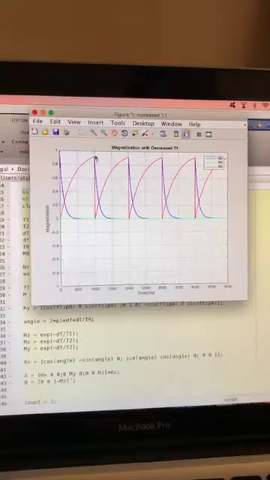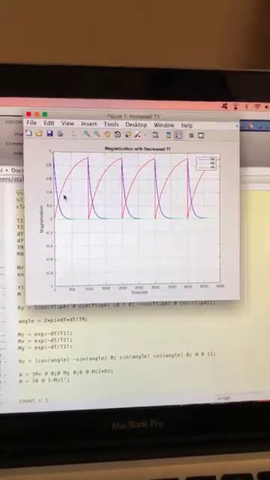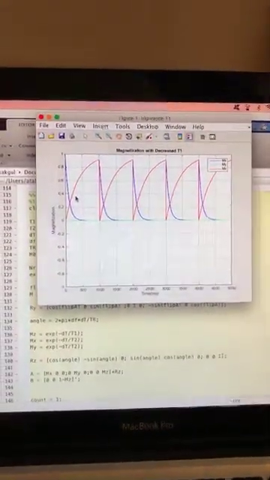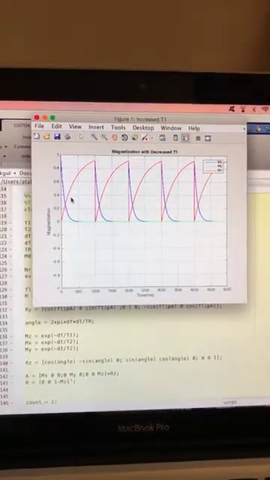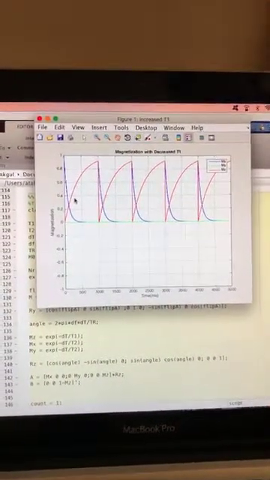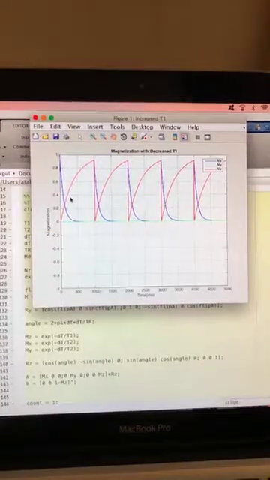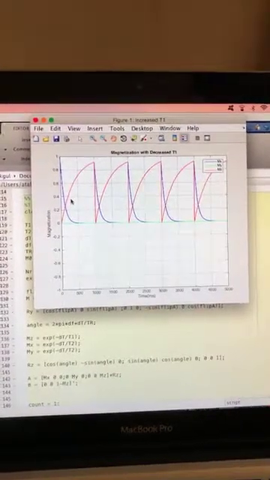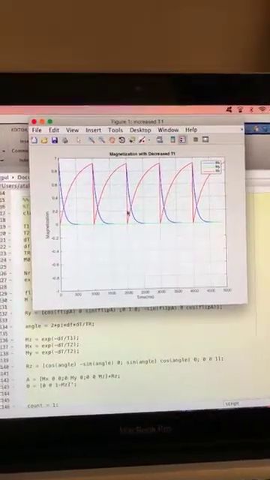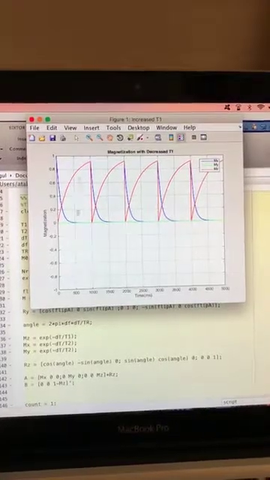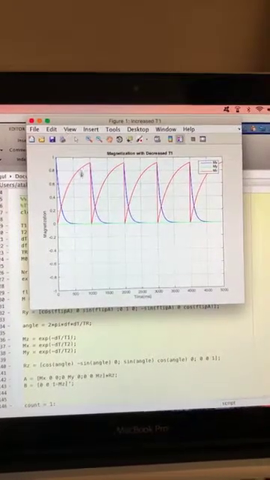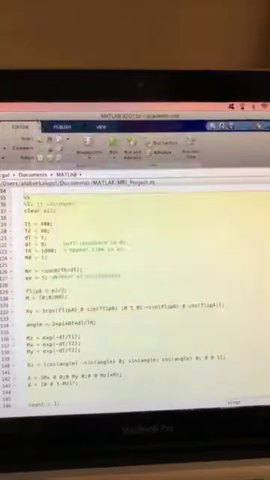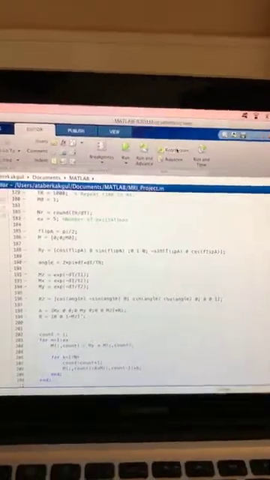When T1 is decreased, the MZ recovers faster, thus increasing much more, reaching this peak point. And if T1 is increased, the opposite occurs. The peak comes lower, and the codes are pretty much the same thing with the parameter changed.